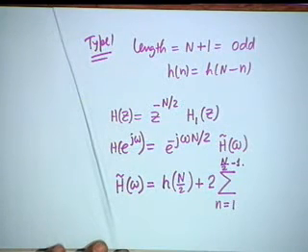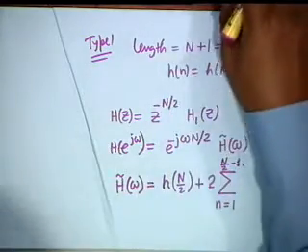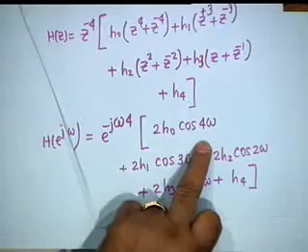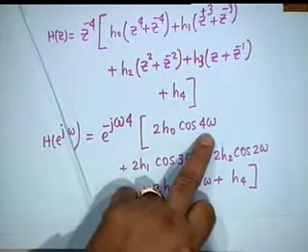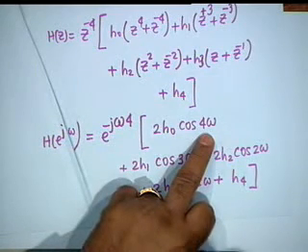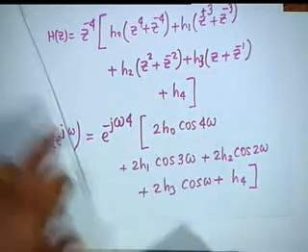Why is it N by 2 minus 1? Because h4 is N by 2. No, we had cosine 4 omega, if you remember. Didn't we have a 4 omega here? We had a 4 omega. Twice h0 cosine 4 omega. Therefore, it should go right up to N by 2.